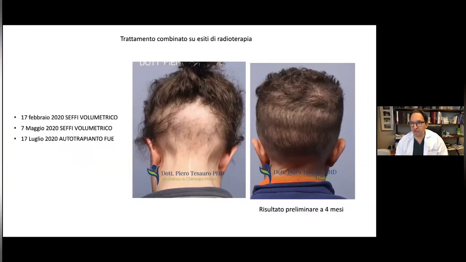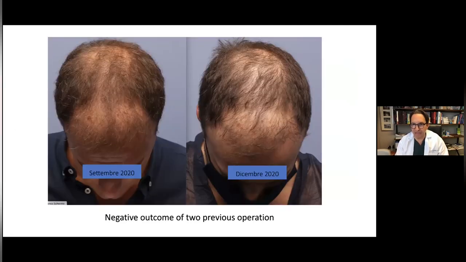Of course, I've treated scars and I have good results after the transplant, much better than before. And I have treated patients before the transplant, like this one, where I treat the scalp. He had 2 previous negative outcomes, and prior to another operation, I treated the scalp, and obviously the change on the scalp is extremely evident.